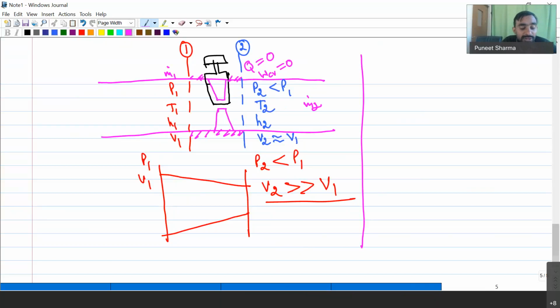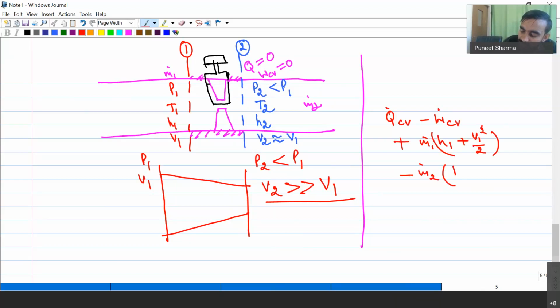So the equation is QCV minus WCV, in dot form, plus M1 dot into (H1 plus V1 square by 2) minus M2 dot into (H2 plus V2 square divided by 2), and this will be equal to 0 because our device is undergoing a steady flow process.